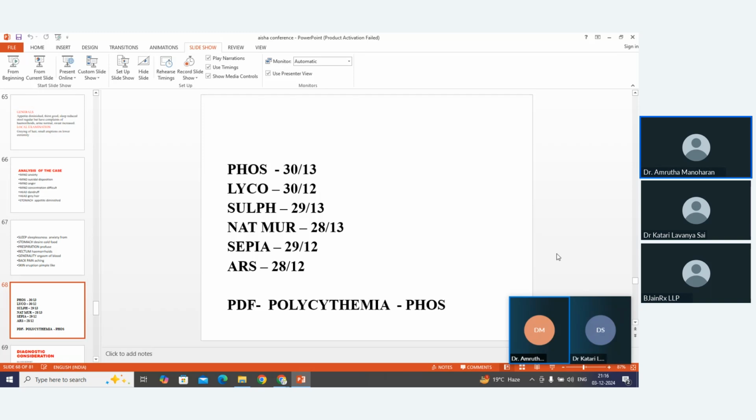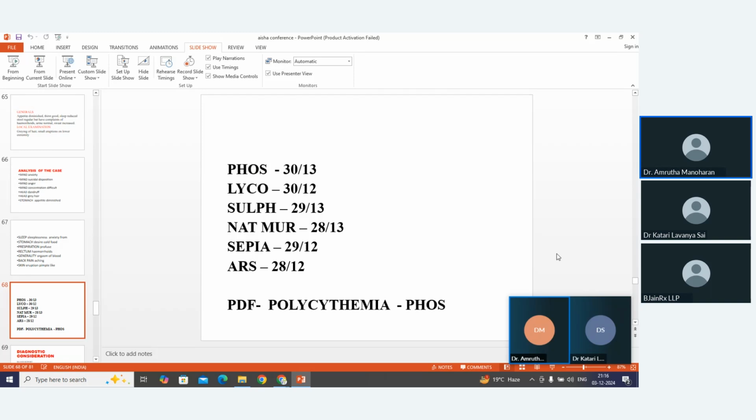So one of the important medicines for polycythemia is phosphorus, and the medicine was given on 23rd May 2021, when hemoglobin was about 17.4 and total count 88,800.